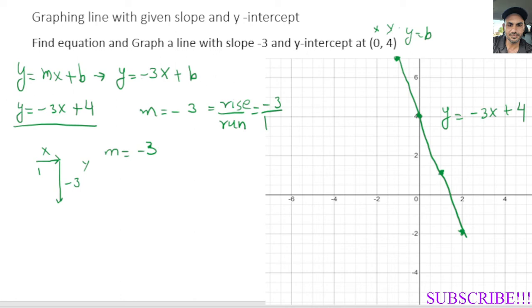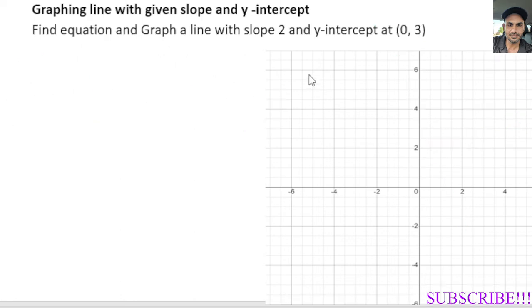Now let's go ahead and do the next example: graphing a line with given slope and y-intercept. Same thing. Find the equation and graph a line with the slope 2 and y-intercept at (0, 3). So I'm going to write down our slope-intercept form. y equals mx plus b. So when you're given the y-intercept, this ordered pair, or the point, or the coordinate that we have, the y value is your b value.